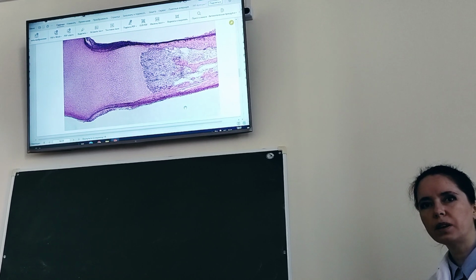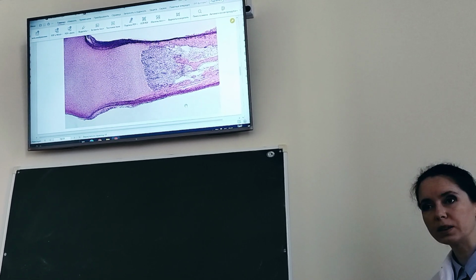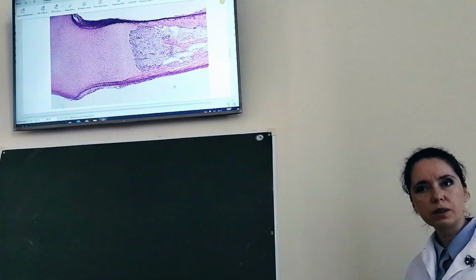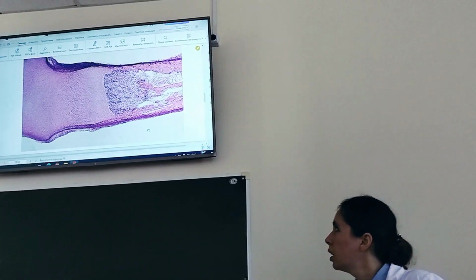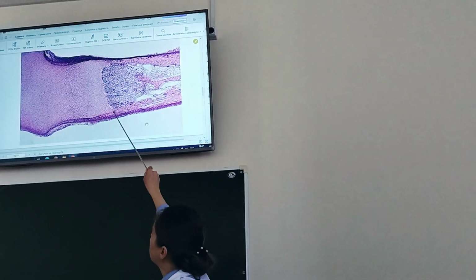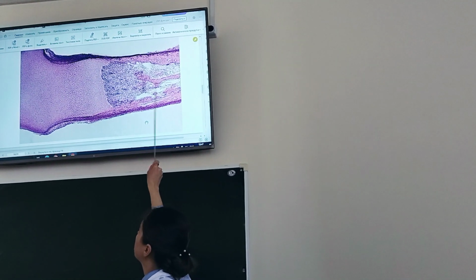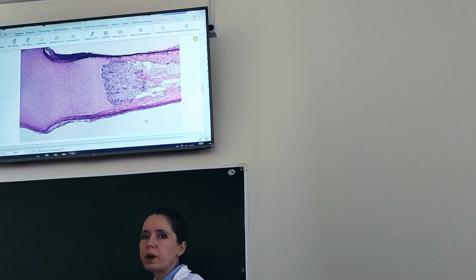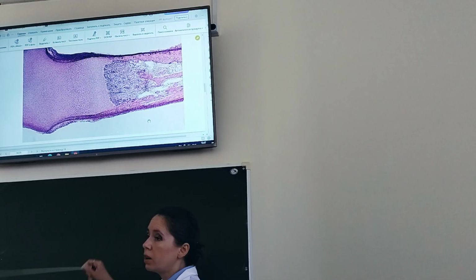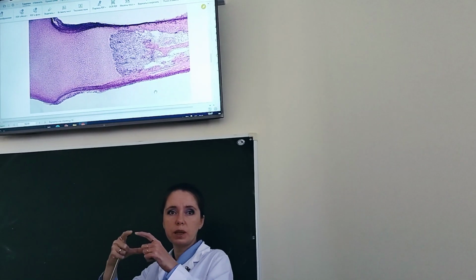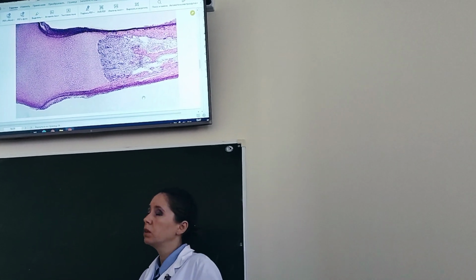So if I can see at once within a single slide cartilage in conjunction with the developing primary bone, this is indirect ossification, on the example of long tubular bone.